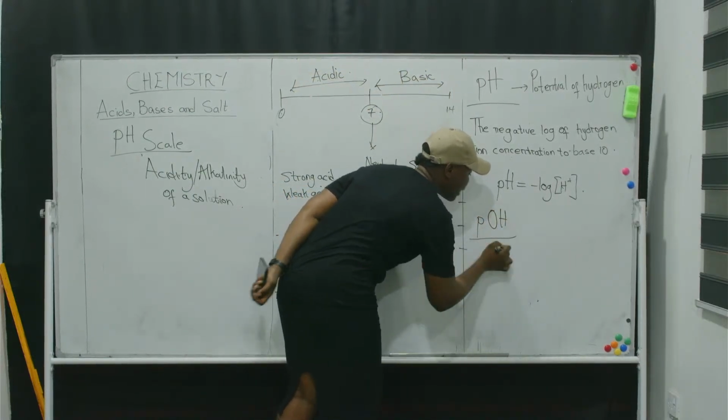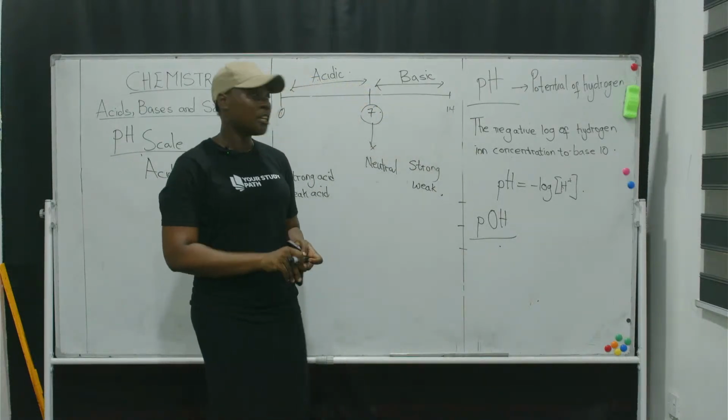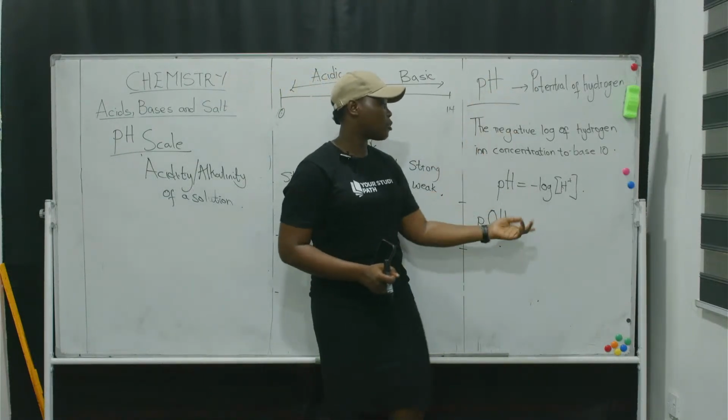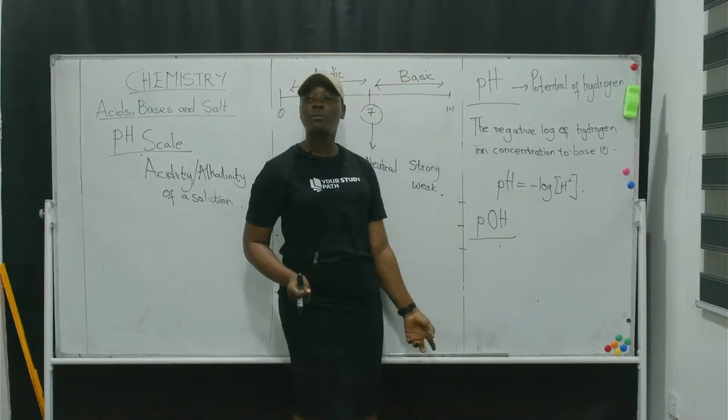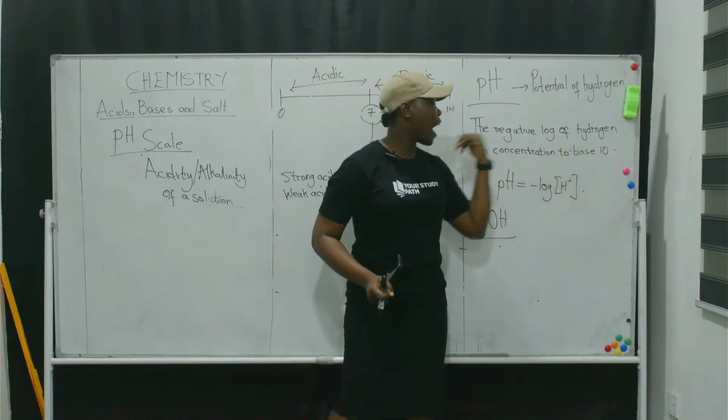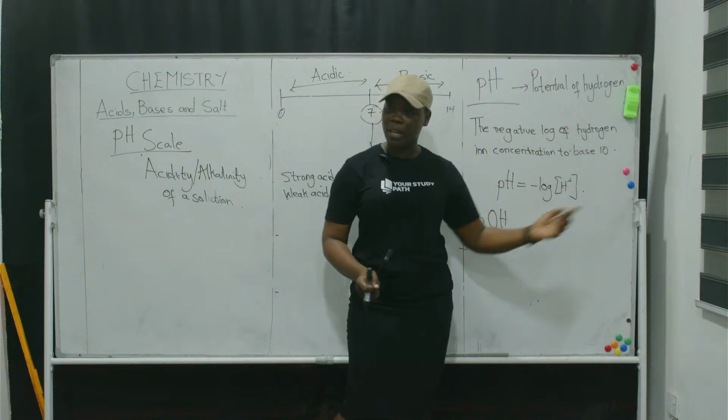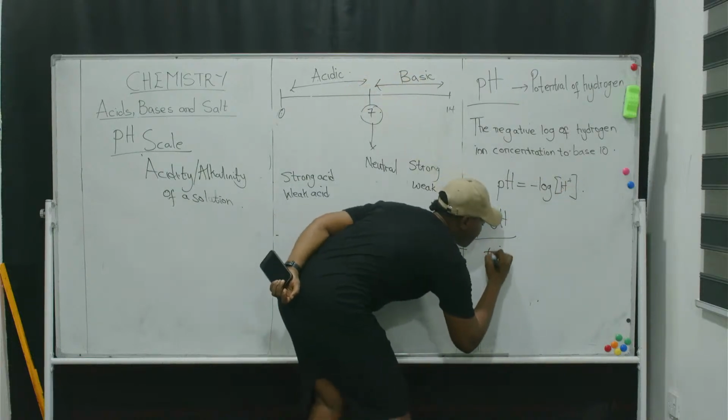So pOH will then be the inverse. This is H, right? And so we are considering hydrogen ion. So pOH will be the negative logarithm of hydroxide ion concentration to base 10.